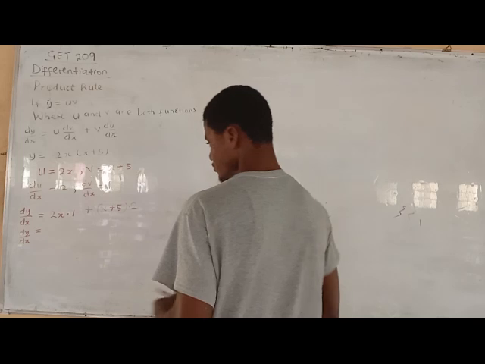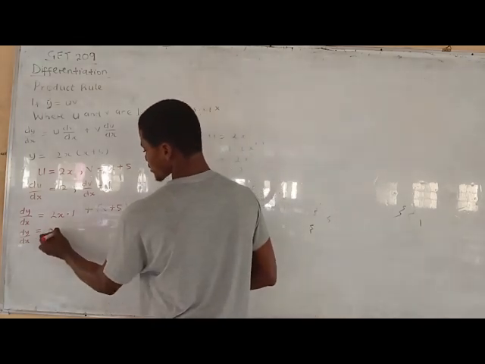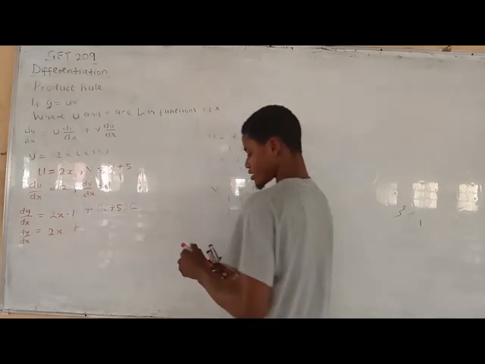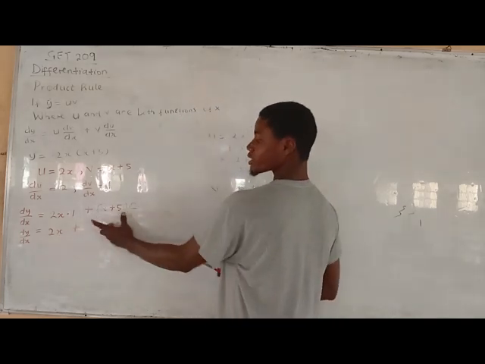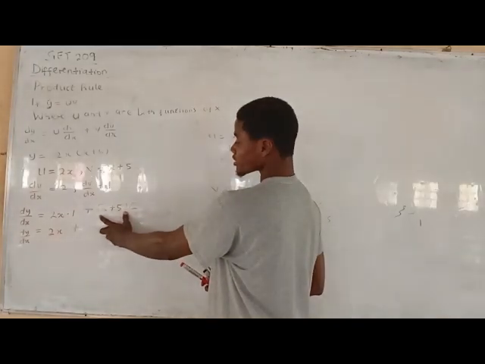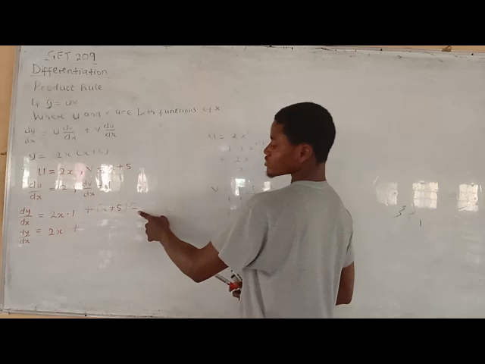So moving from there, 2x times 1 is what? 2x plus. Don't forget, because of this multiplication and because of this bracket, everything inside this bracket must be multiplied by what? 2.